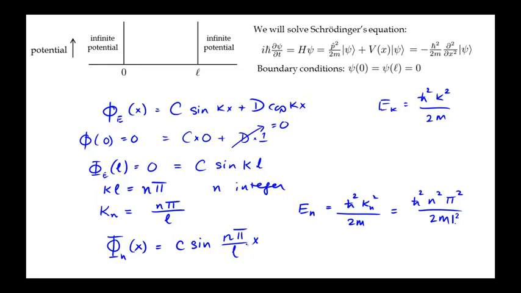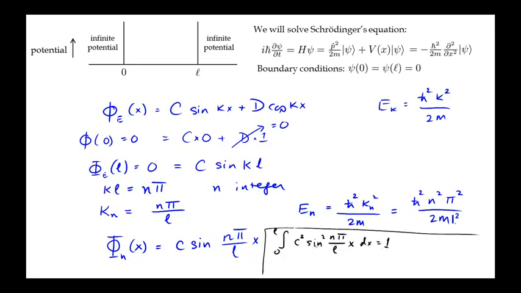Well, not quite, because we must normalize. We must normalize to make sure that the integral of this squared from 0 to L is 1. So let's set this up. We must have the integral from 0 to L of c squared sine squared of n pi by L x dx equal to 1.